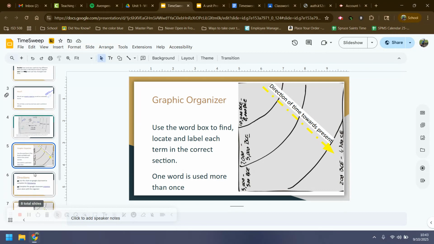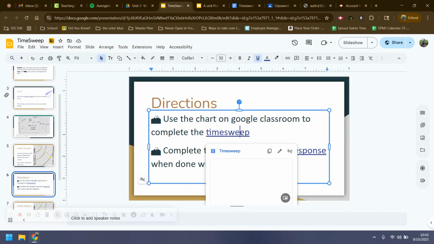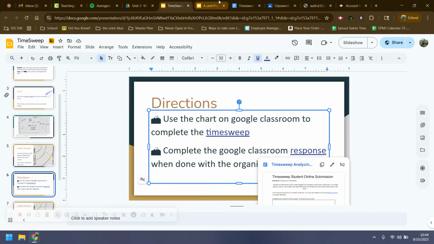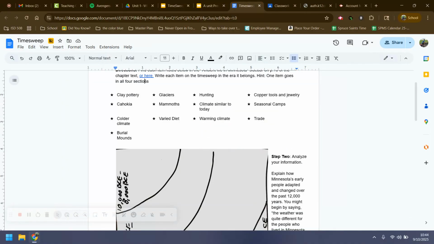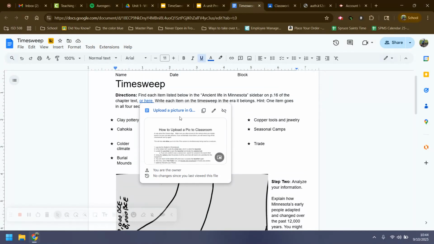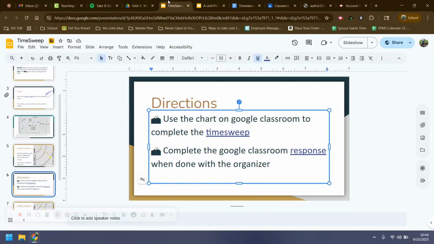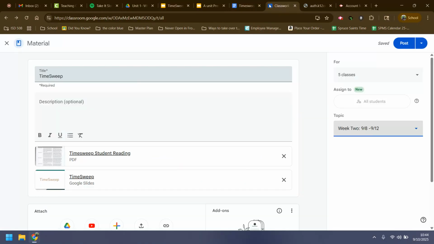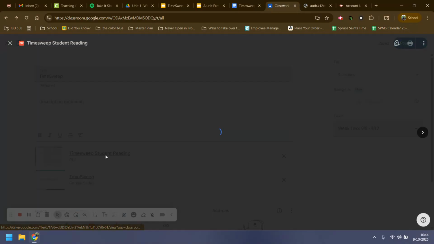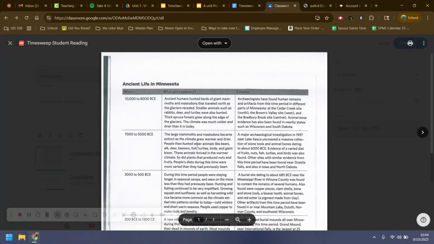We're going to go through our TimeSweep paper. Here's the text. It is located on Google Classroom, and you'll be able to see on your student reading what you are marking down.